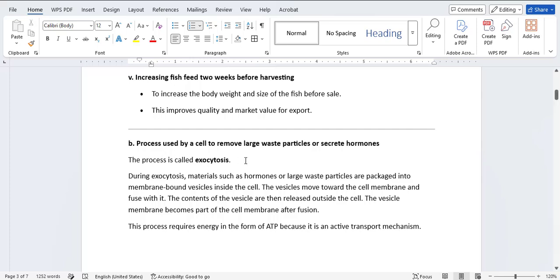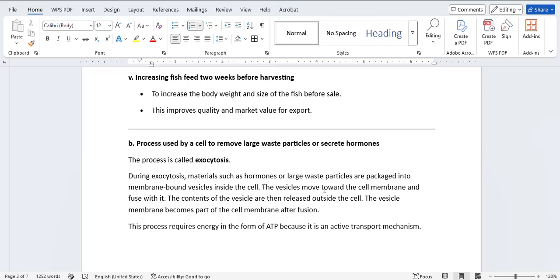During exocytosis, materials such as hormones or large waste particles are packaged into membrane-bound vesicles inside the cell. The vesicles move toward the cell membrane and fuse with it. That's referred to as docking. The contents of the vesicle are then released outside the cell.